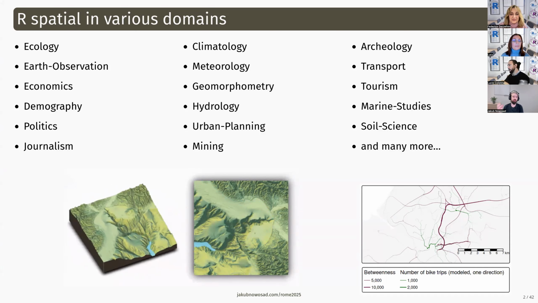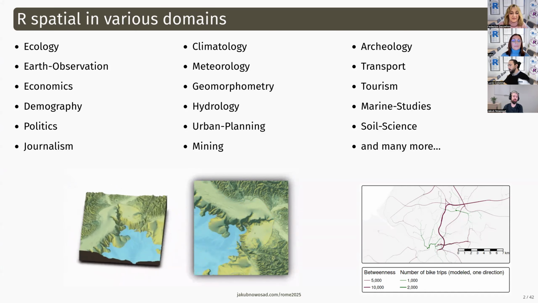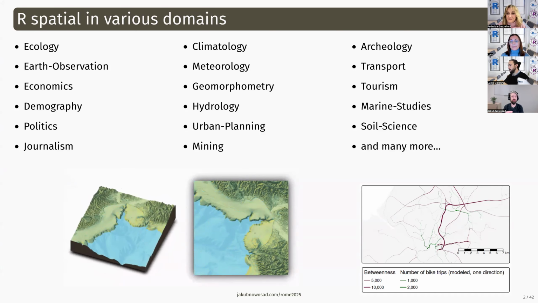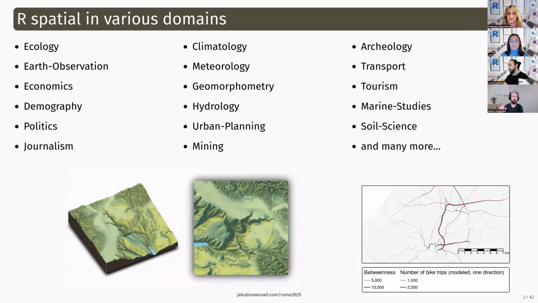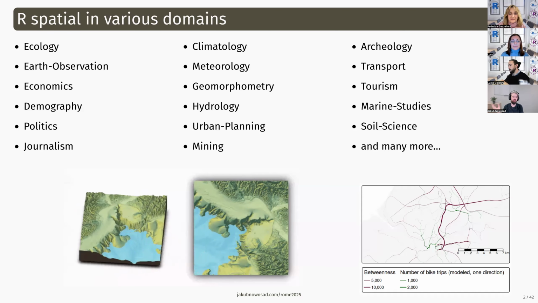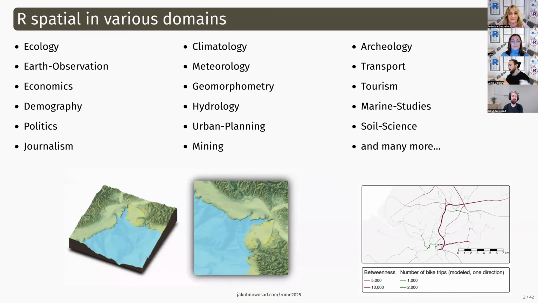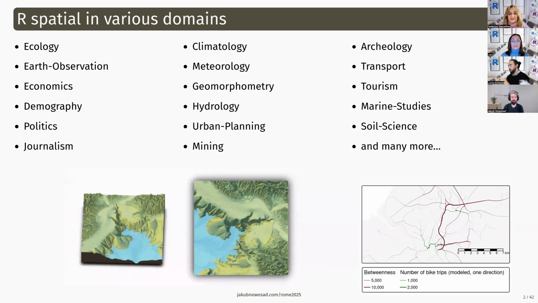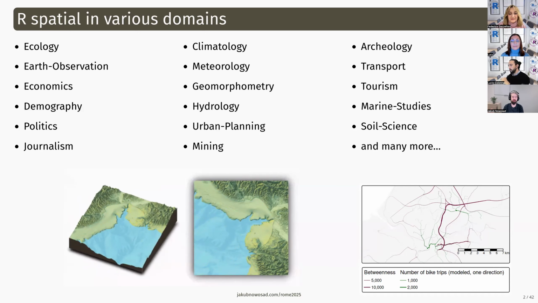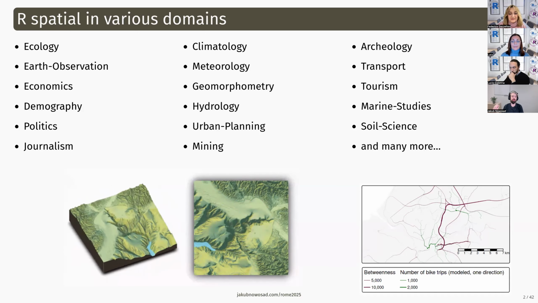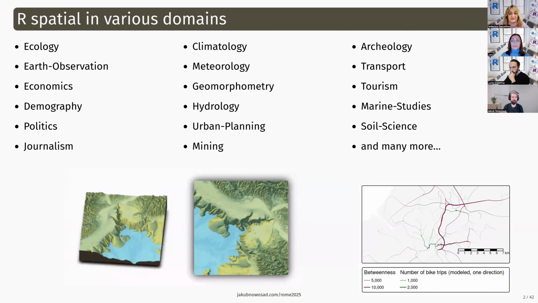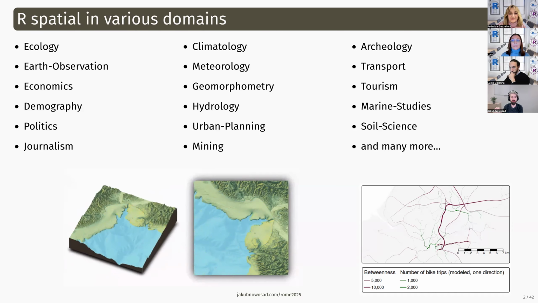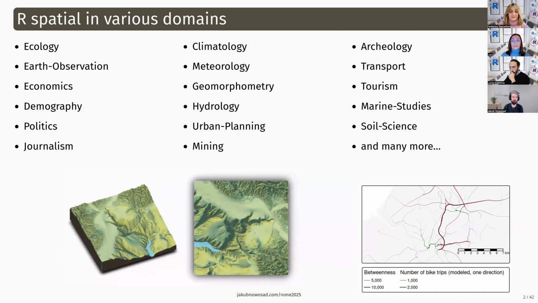And similarly to data science, we often think about spatial data science and about the connection between R and different domains that use spatial data. Because spatial data is to some degree unique, but also very general. You can find spatial data in different shapes and forms in different domains.